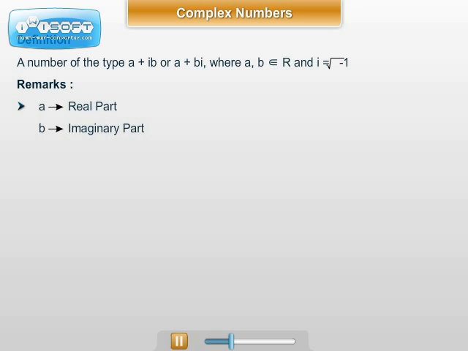We note that the real part and the imaginary part of a complex number are both real numbers. I repeat, the imaginary part of a complex number is also a real number. The set of complex numbers is denoted by C.